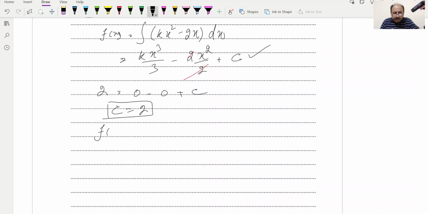F of x is equal to k over 3 x cubed minus x squared plus 2.